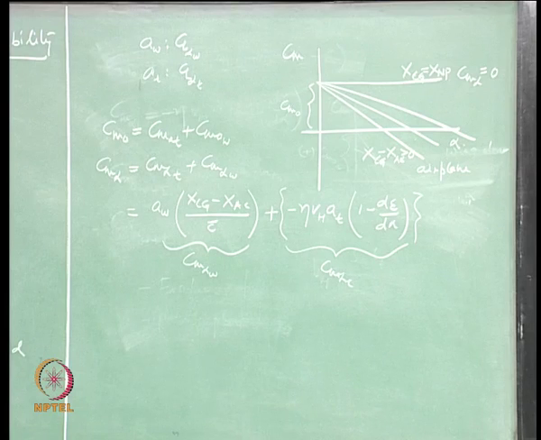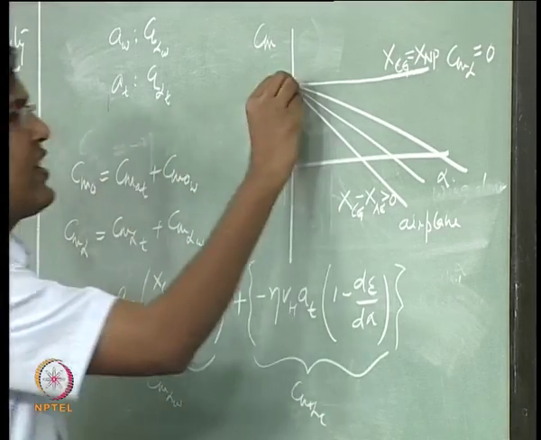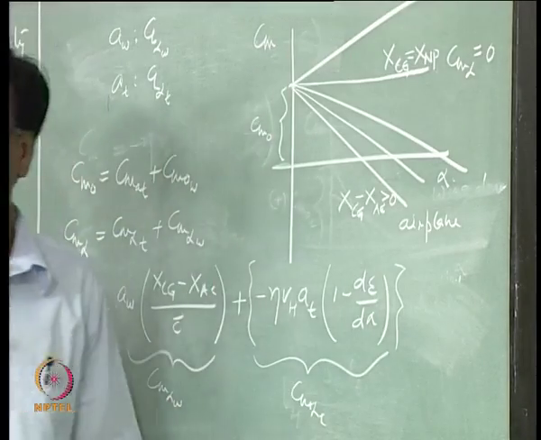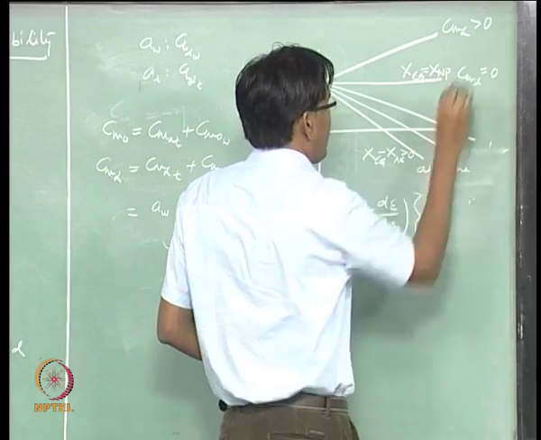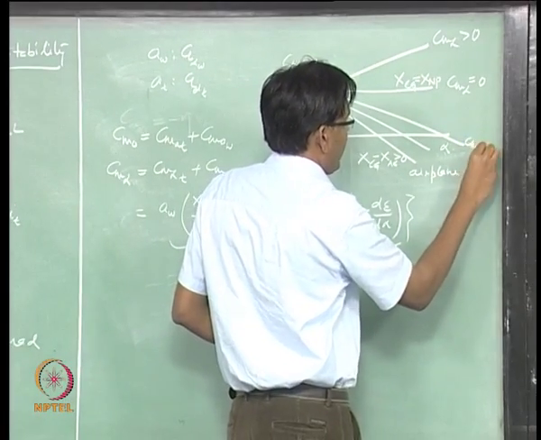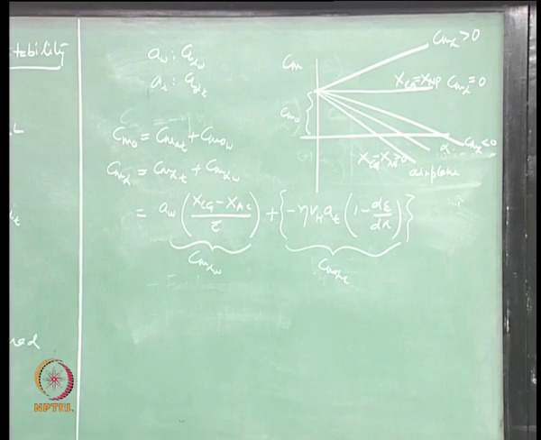If you move your CG beyond this point, then what happens? The slope will look something like this. So, the Cm alpha curve is positive.